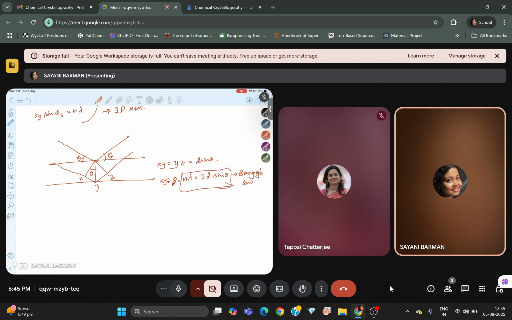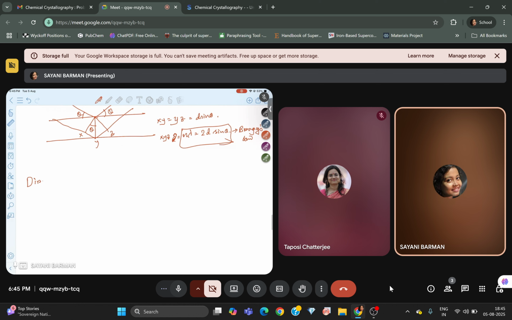Okay, fine. Now there are several orders of diffraction, like the direct beam, where the path difference is zero. If the first order diffraction happens, then there will be one lambda path difference. Direct beam means everything is parallel in a horizontal manner. Zero path difference; I am just writing PD for path difference.